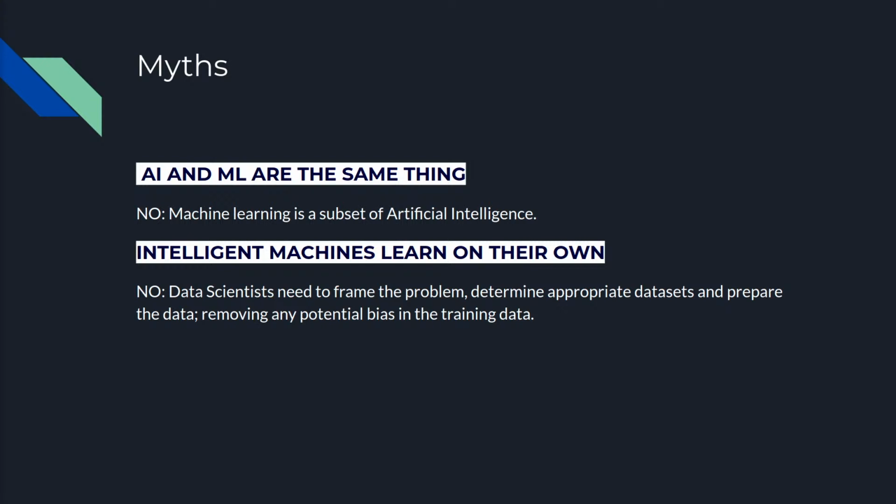The next myth that I'm going to talk about is intelligent machines learn on their own. This is clearly not true. A finished machine learning product does give the impression that it is able to learn on its own. However, experienced human data scientists have to frame the problem, prepare the data, determine appropriate data sets, remove potential biases in the training data, and most importantly, continually update the software to enable the integration of the new knowledge and data into the next learning cycle.